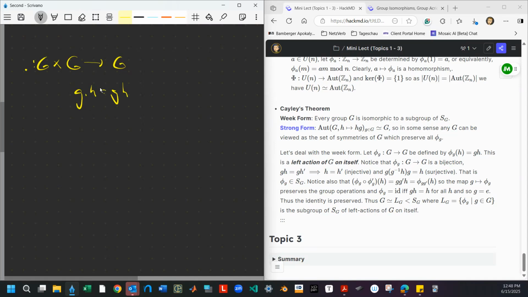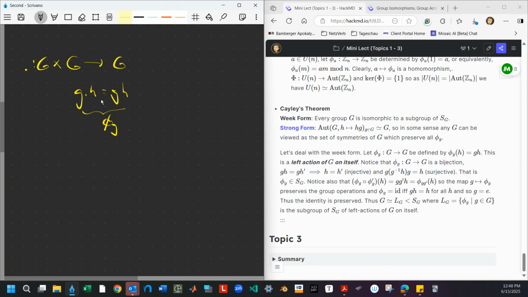Okay, so here's a claim. So this you might also define as phi g. Right, so it's different than the inner automorphisms we had before. This is not going to be an automorphism. It won't preserve group structure and things like that, right? So the inner automorphisms were automorphisms.